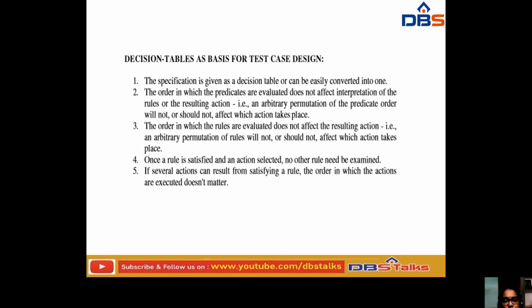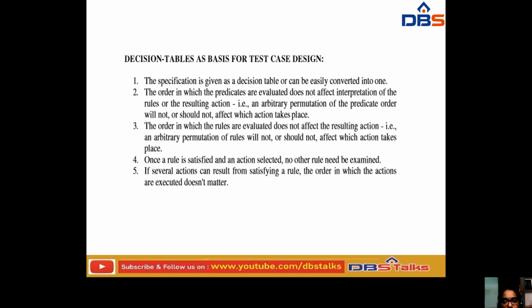So, decision tables as a basis for test case design. The specification is given as a decision table or can easily be converted into one, such that the order in which the predicates are evaluated does not affect any interpretation of the rules or the resulting action, that is, an arbitrary permutation of the predicate order should not affect which action takes place.